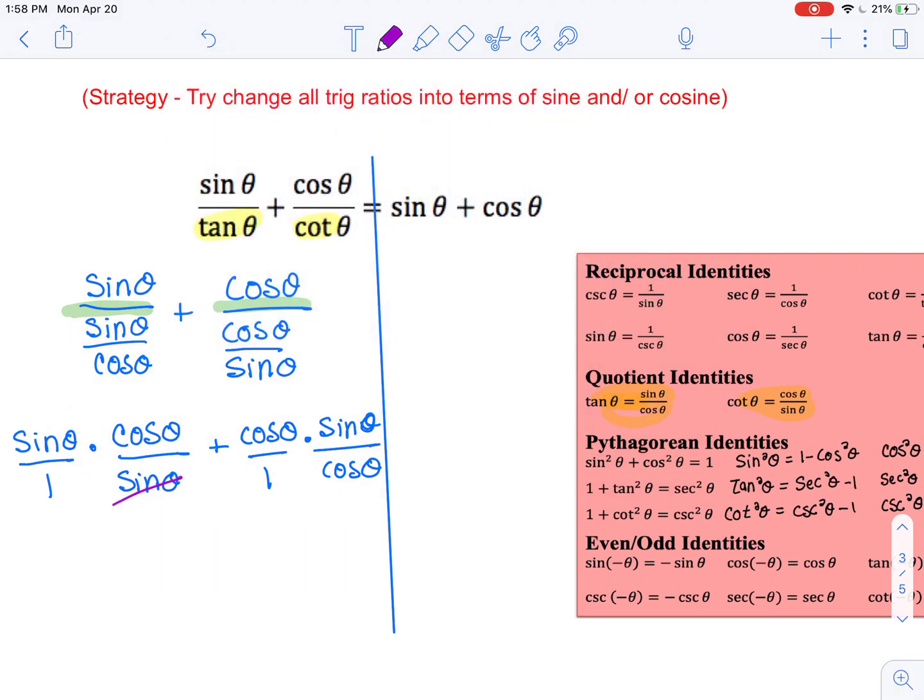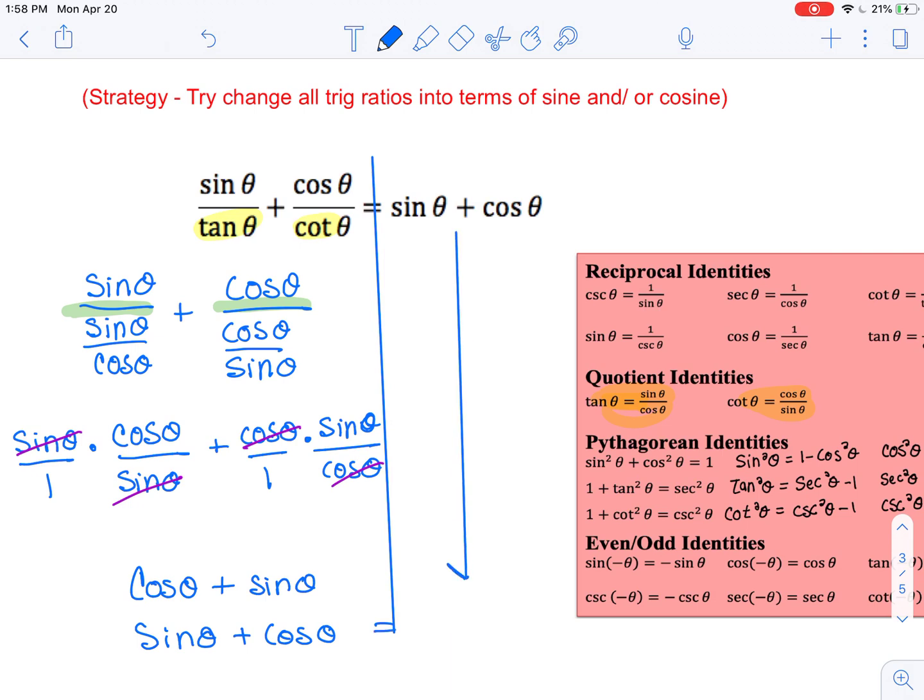I'm glad that I'm able to simplify this. If I simplify that, it cleans it up nicely, and I can kind of see where I'm going. I have cosine plus sine theta left. I can rewrite this as sine theta plus cosine theta. And I've now shown or verified that the left side equals the right side.